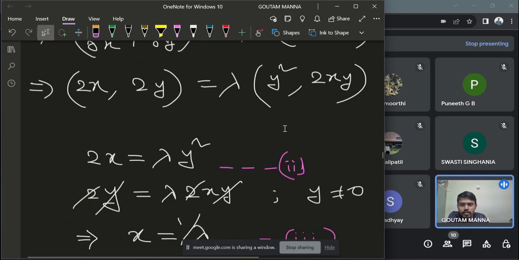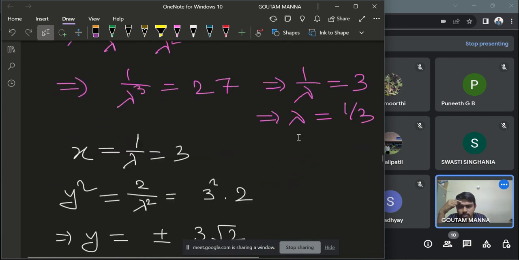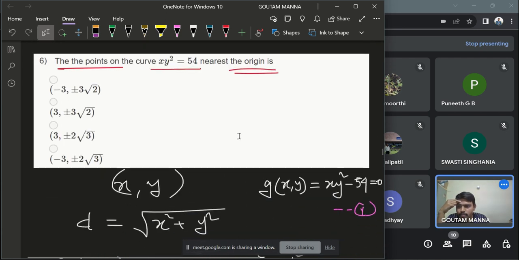These are the 2 points from which the origin is the nearest, and we are still on this curve, so we are still satisfying this constraint. So the correct option is 3 and plus minus 3 root 2, the second one.